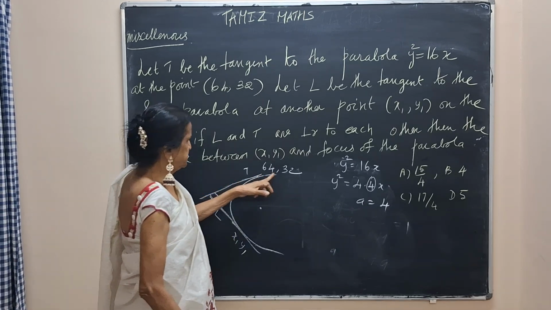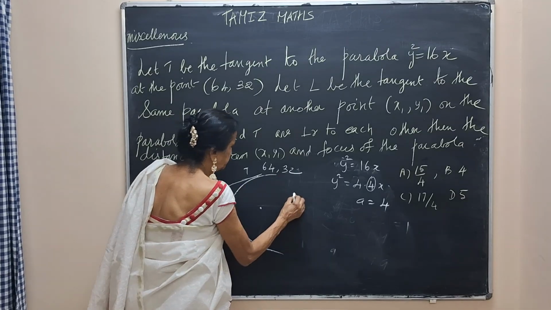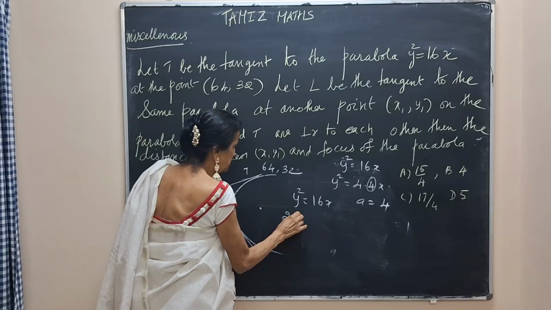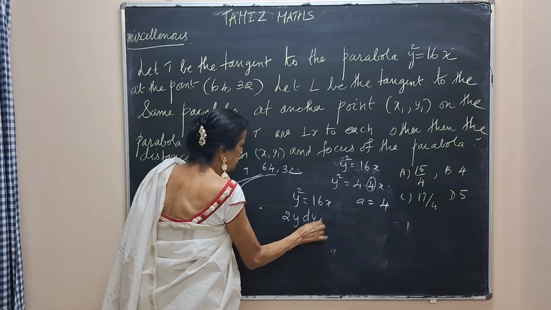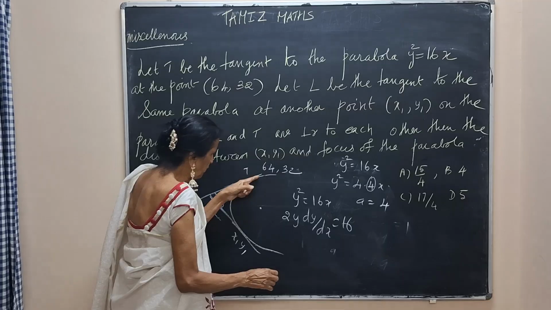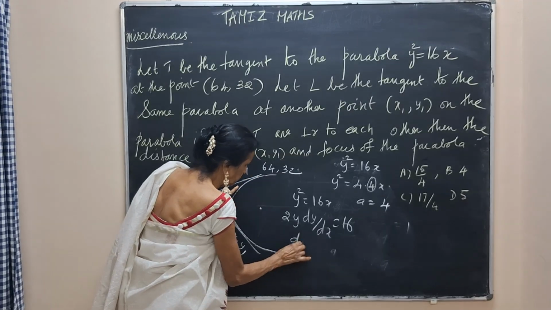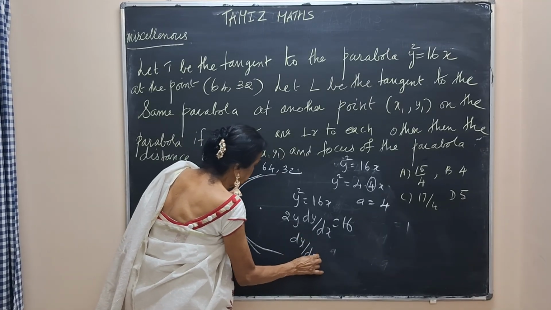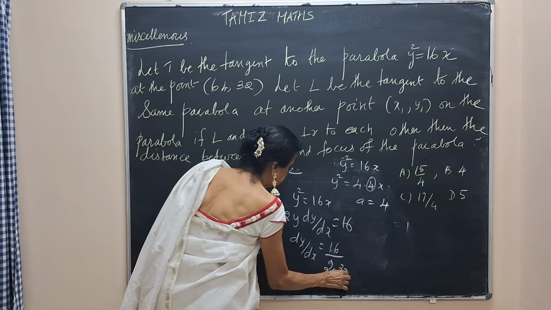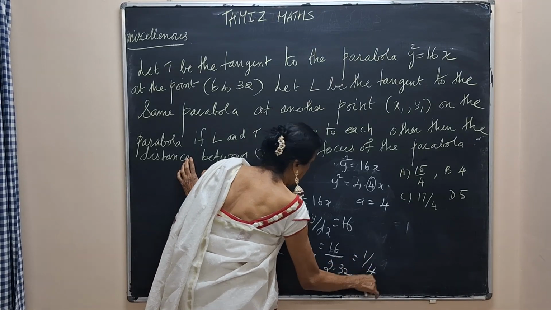Now the point is (64, 32). y squared is 16x. Differentiate. 2y into dy by dx is 16. The slope at the point (64, 32), dy by dx, is 16 by 2y. y is 32, so that is 1 by 4.